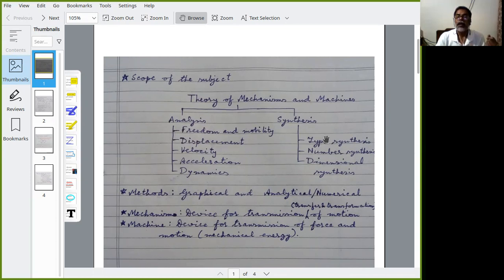Then also you need to decide what kind of joints there will be, spherical joint or sliding prismatic joint or rotary revolute joint or whatever. All these things come into the aspect of type synthesis.